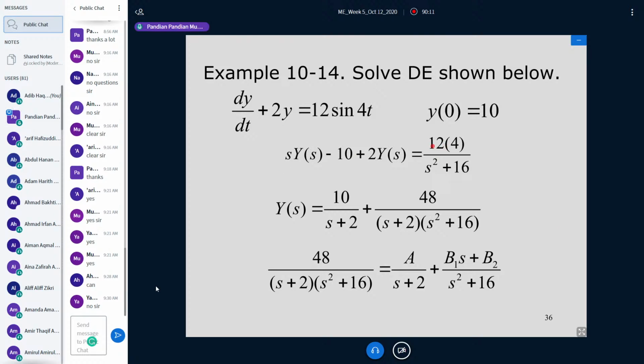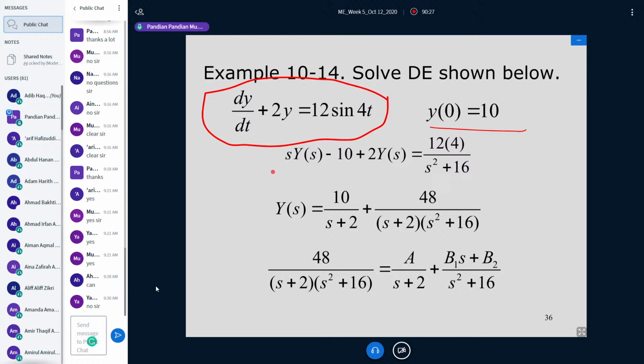You see this example: dy/dt plus 2y equals 12 sin 4t. They ask you to solve using Laplace transform. Okay, so y(0) is 10, the initial condition given.